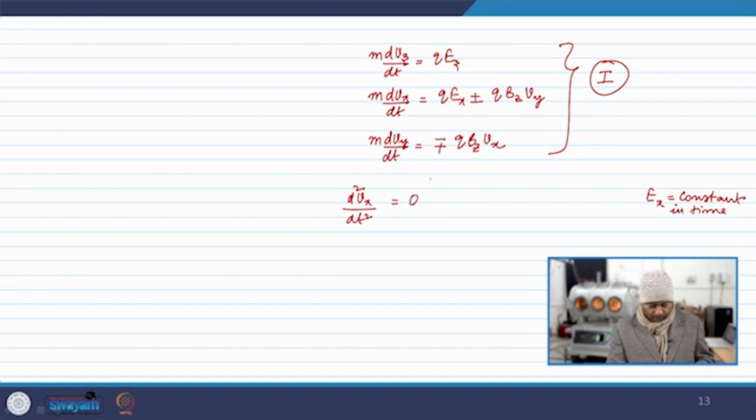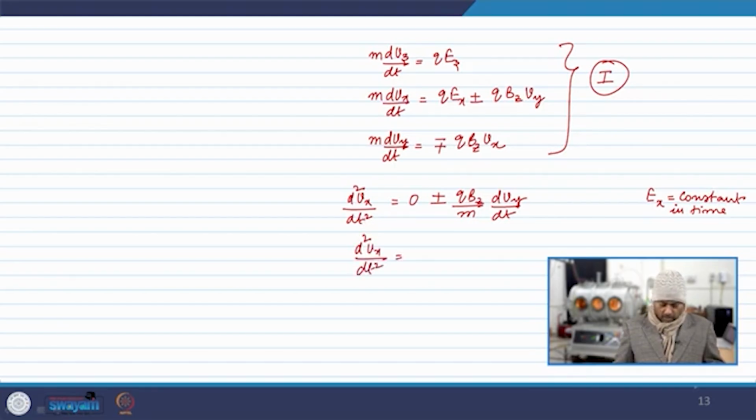So, this will be 0, right, and plus minus m is there, q Bz by m dvy by dt, right. So, d square vx by dt square is plus minus omega c, where omega c is the angular frequency, qB by m is omega c, right. Omega c times dvy by dt.